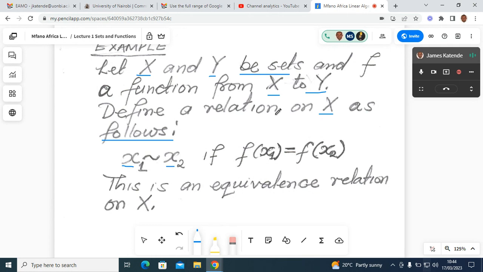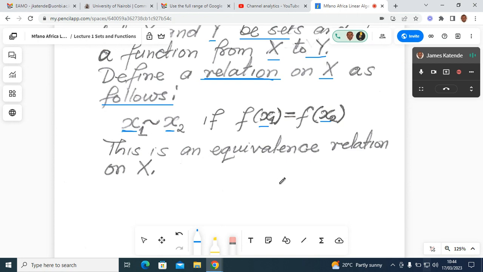We're defining the relation on X; the function itself is from X to Y. So we're defining the relation on the set X, but we're going to use a function to define it. We'll say x1 and x2 are related if f of x1 is equal to f of x2. So this is an example of an equivalence relation.